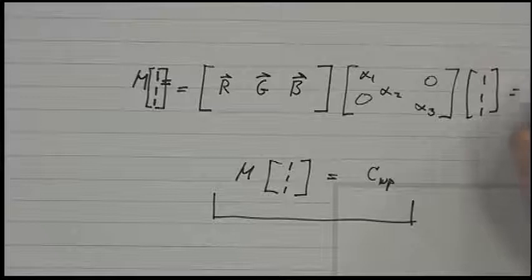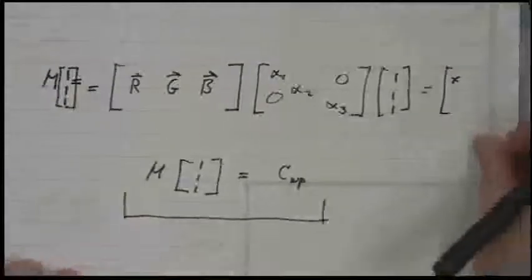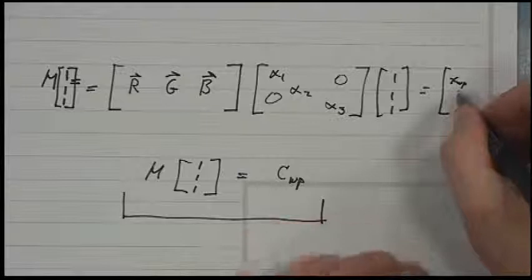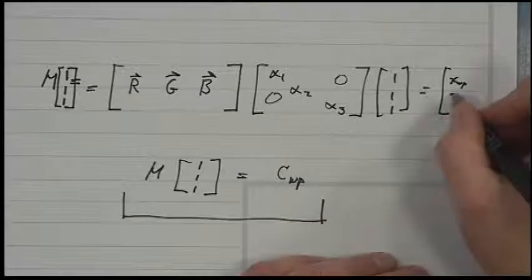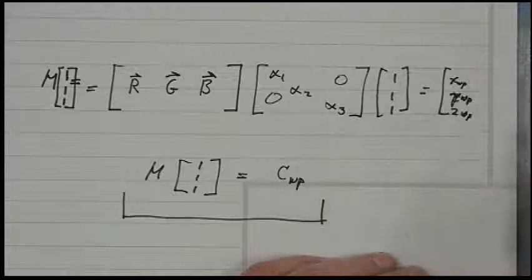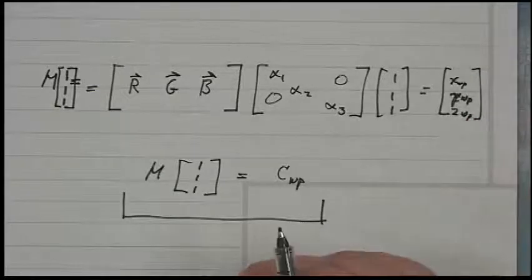So here what I do is I put little x white point, and then I put little y white point, and I put little z white point. So those are the chromaticities. And that can be multiplied by any factor I want.